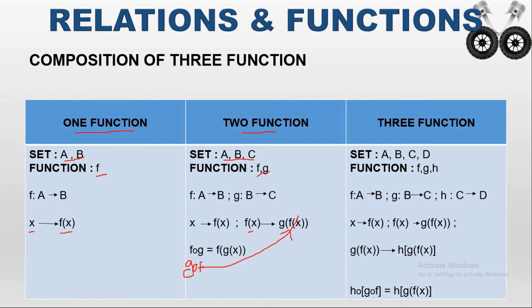Okay. So next one is three functions. If I take three functions, how many sets do I need? I need four sets. The four sets are written as A, B, C and D. The first function F can be defined from A to B, G can be defined from B to C, and H can be defined from C to D. The element presented in A can be taken as X. Then the element in B is F of X, that is the image of X. Then G is the function from B to C. In B, what is the element presented here?